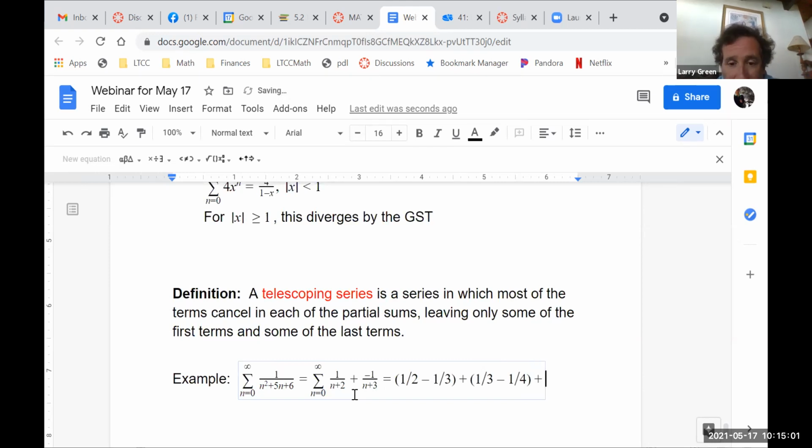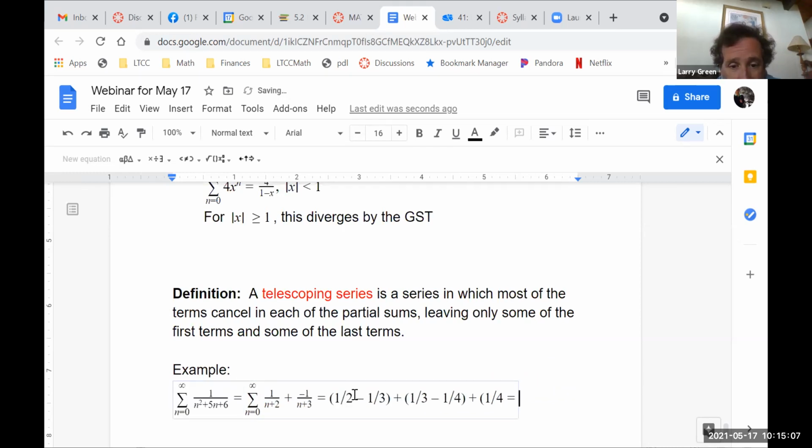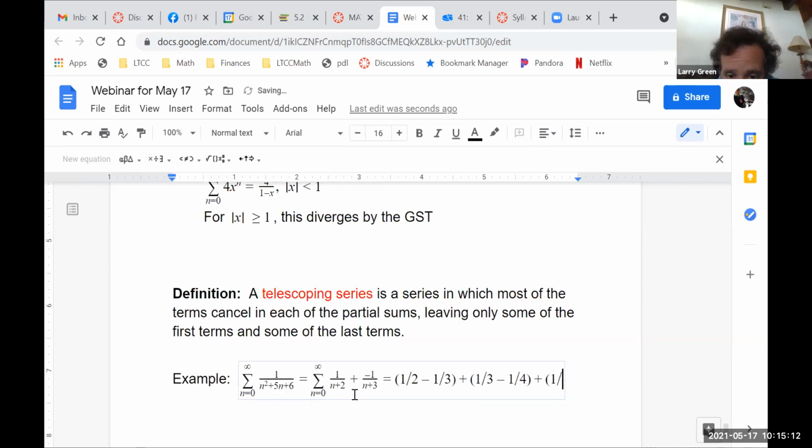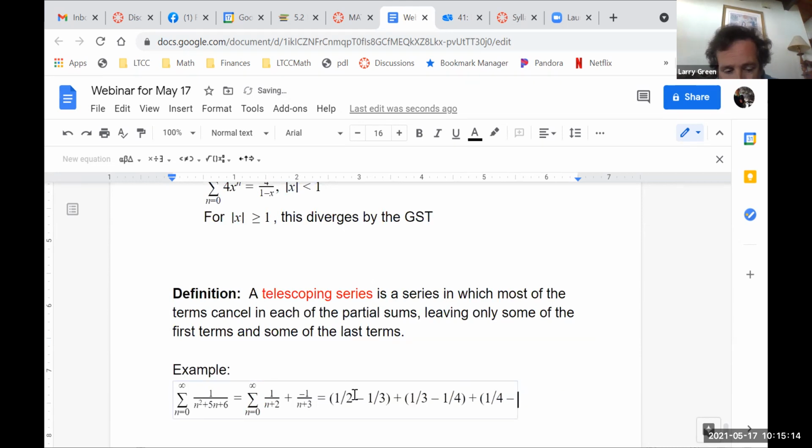And then plus, I plug in n equals 2, and I get 1/4 minus 1/5. Then I'll plug in the next one, and I'll get 1/5 minus 1/6.